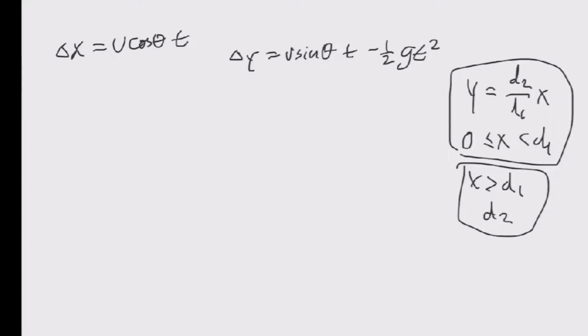So what we do is first assume that 0 is less than x less than d1.